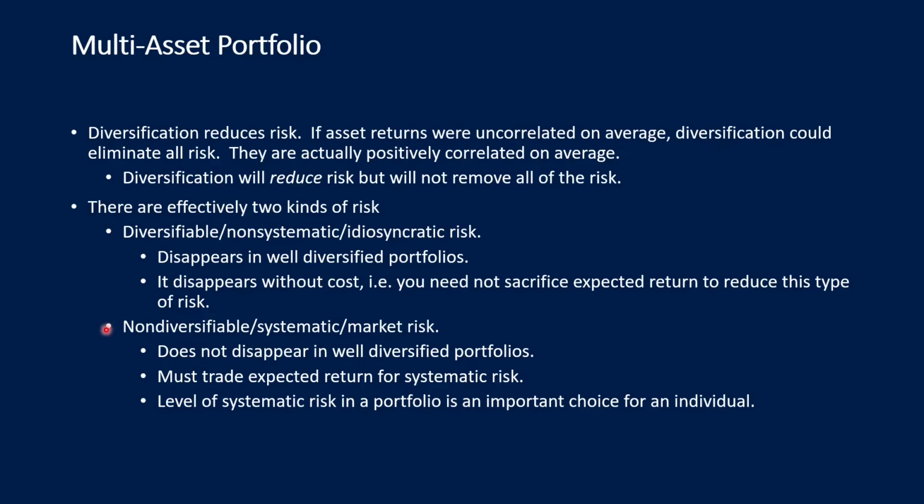But there's still non-diversifiable risk, that is systematic risk or market risk, which does not disappear in a well-diversified portfolio. You must trade expected returns for systematic risk, and the level of systematic risk in a portfolio is an important choice for an individual.